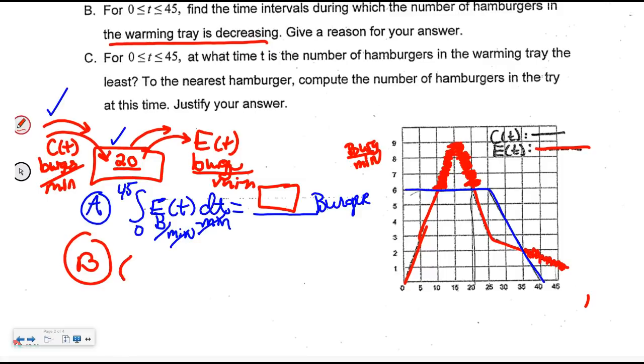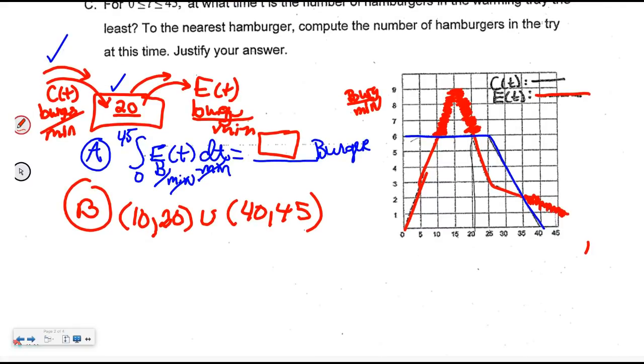So we would say, and again, I call it, rate out is greater than rate in. So I'd say on the interval from 10 to 20, open or closed, it doesn't matter, union 40 to 45. So again, it doesn't matter that this is hamburgers. It could be anything. If we want an amount to decrease, rate out's got to be greater than rate in. If we want an amount to increase, rate in has to exceed rate out.